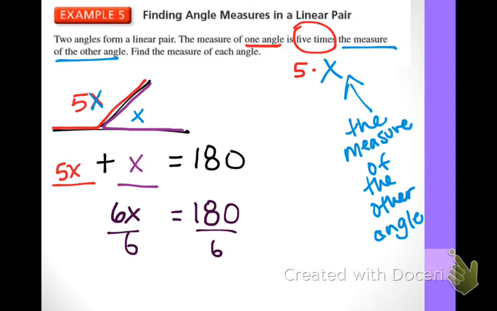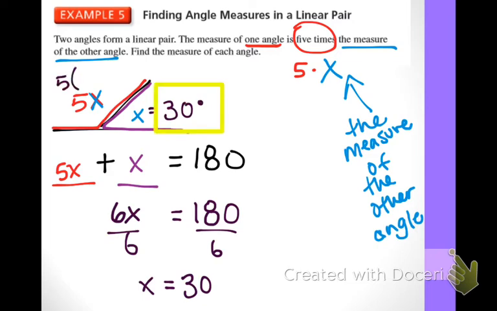Divide by 6 and x equals 30. Make sure we are listening and not just checking our watches. x equals 30. The other one would be 5 times 30, which is 150. How can I check if my answer is correct? They should add up to 180.